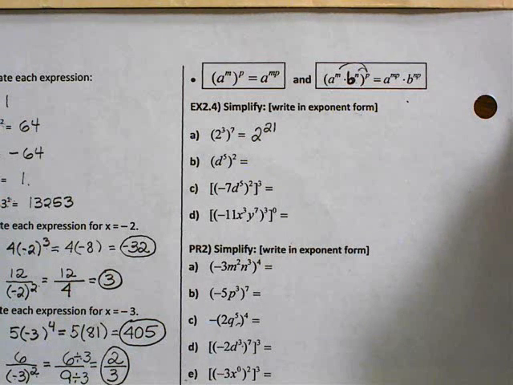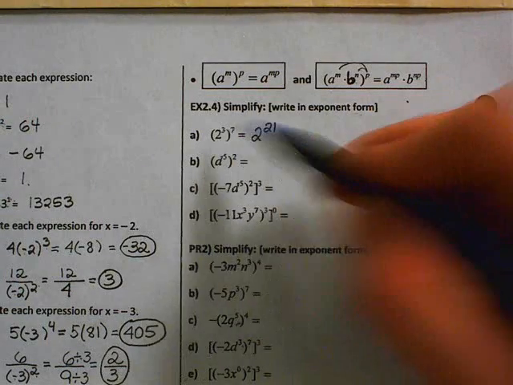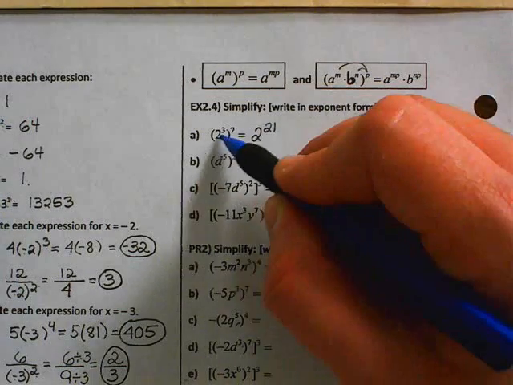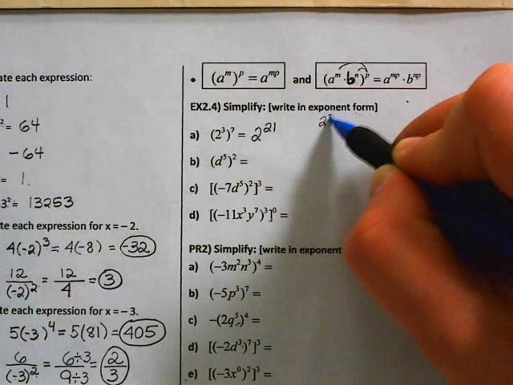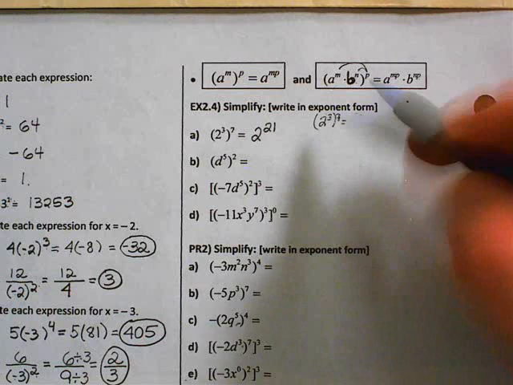Okay? The reason why that works is because 2 to the 3rd power raised to the 7th power means I would have to write 2 to the 3rd power 7 times.